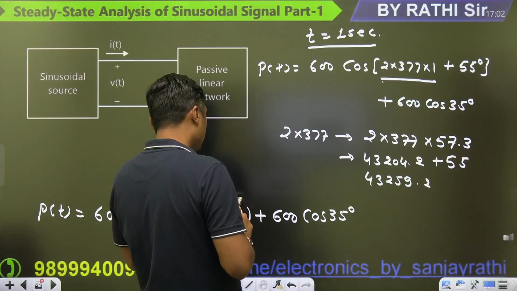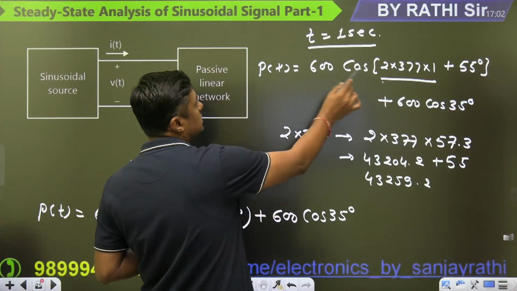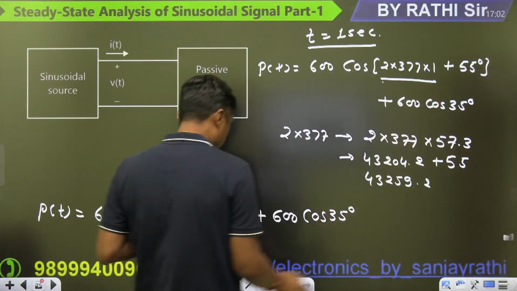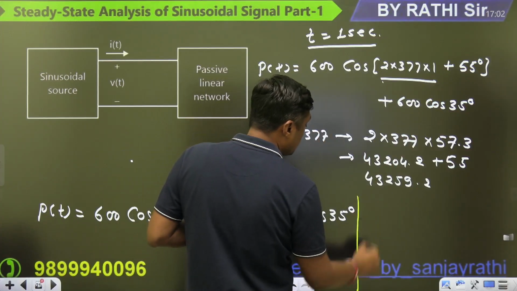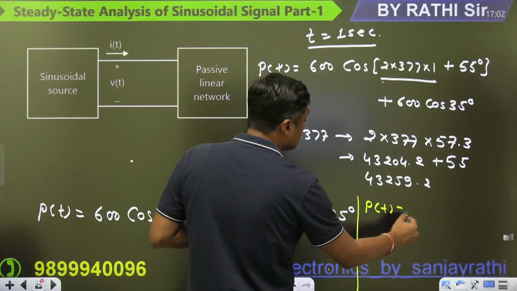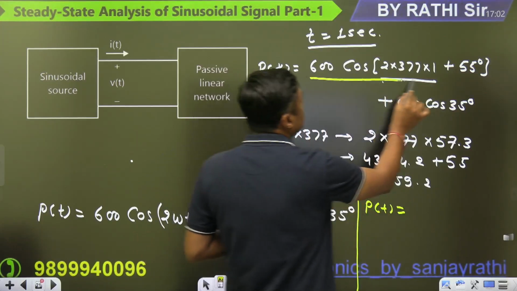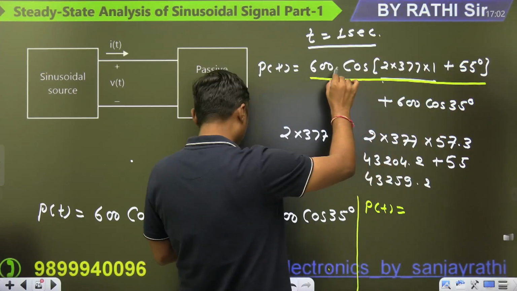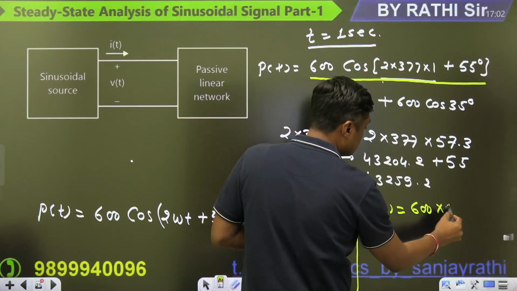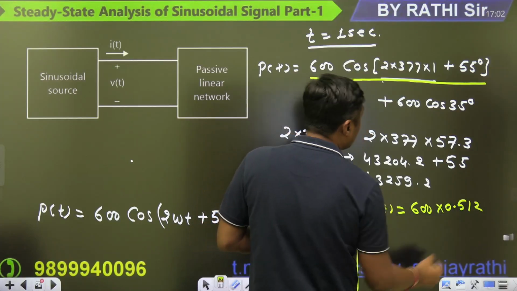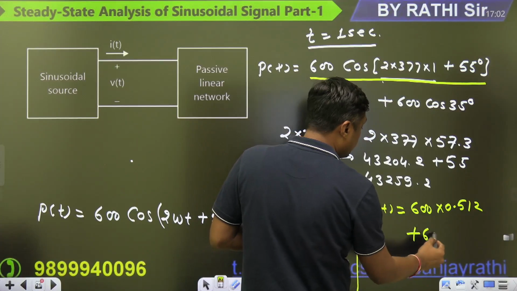You will get 0.512. This is the value, 0.512 into 600, plus 600 into cos 35.